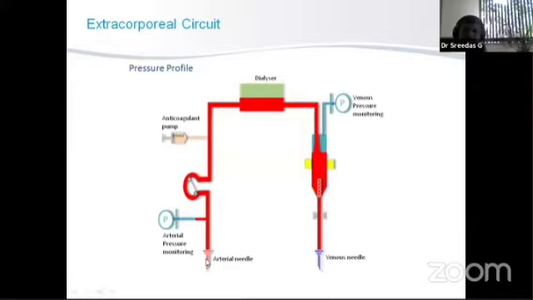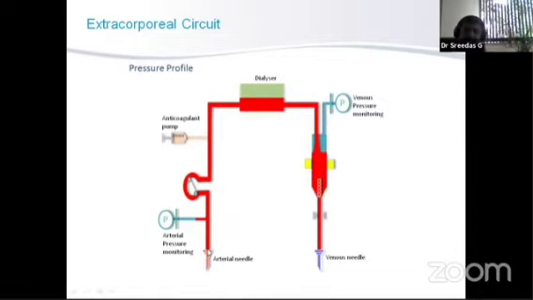So this is the arterial needle, and this pump, we know the blood pump is a rotor pump which squeezes blood by compressing this pump segment of the tube, so that it creates a negative pressure and sucks blood through it.